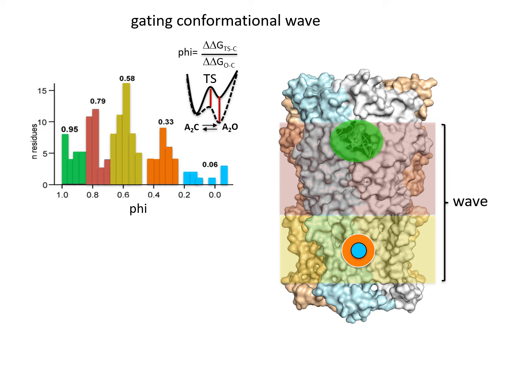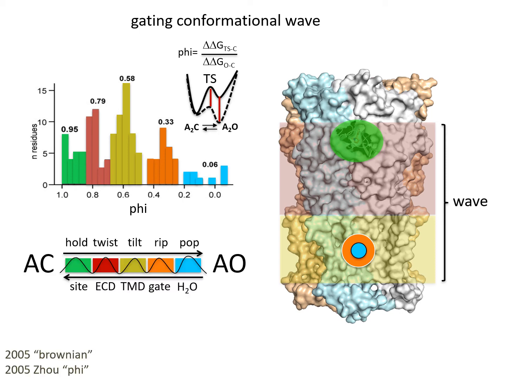There are some exceptions, some high phi values somewhere down in the interface between the red and the yellow. But in general, from this phi analysis you get spatial information, you get a map. You don't get temporal information, you just know the ratio of the energies, but you do get spatial information.